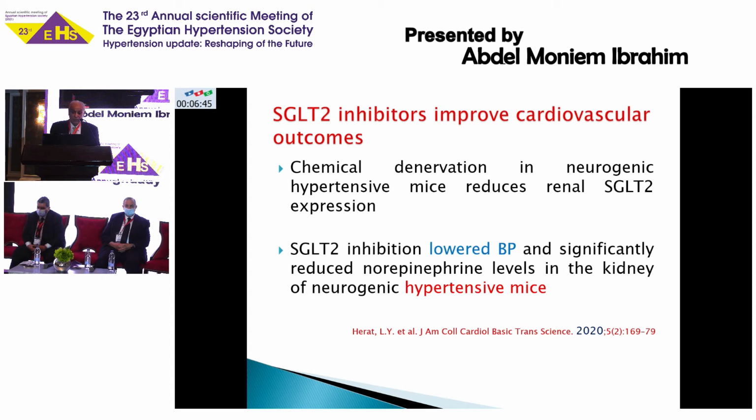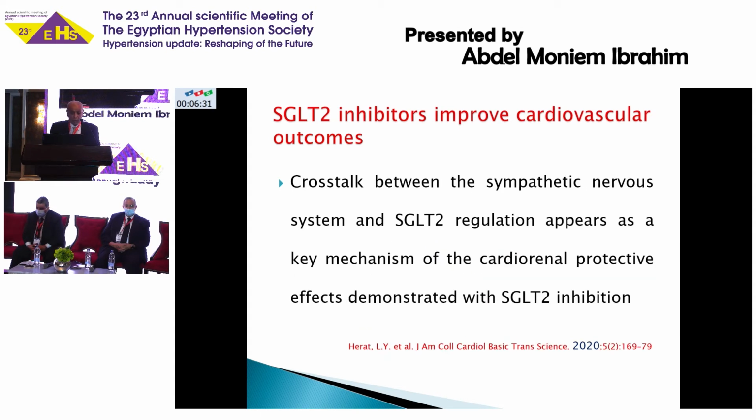SGLT2 inhibition lowered blood pressure and significantly reduced norepinephrine levels in the kidney of neurogenic hypertensive mice. The crosstalk between the sympathetic nervous system and SGLT2 regulation appears as a key mechanism of the cardiorenal protective effects demonstrated with SGLT2 inhibition.